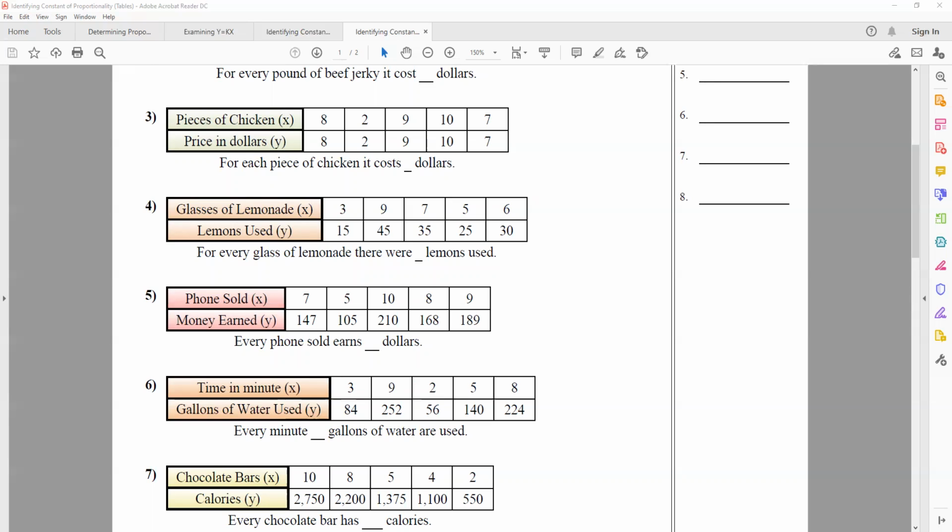Okay, so this is tables. So that was 2. 5 open.